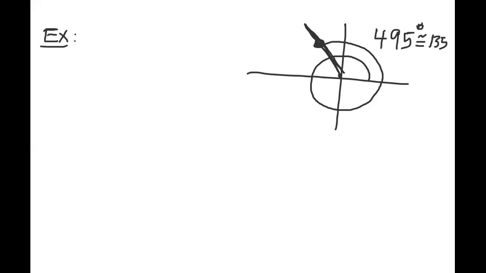Find the secant for the angle minus pi over 4. How can I find the secant for this angle?